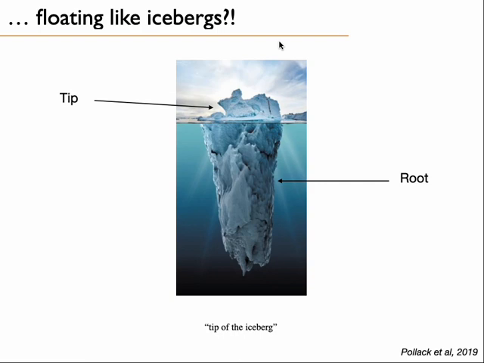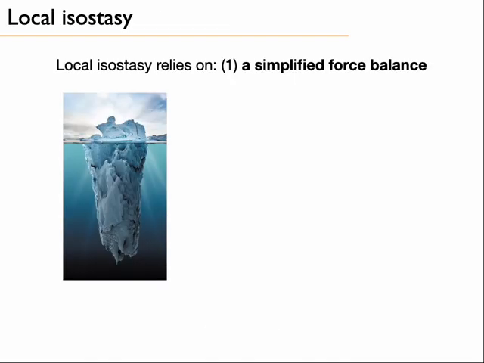So let's have a look at this picture. You see an idealized picture of an iceberg here. That would be the tip of the iceberg sticking out of the water, and this is the root. To explain such a geometry, one will rely on a theory which we call the local isostasy.